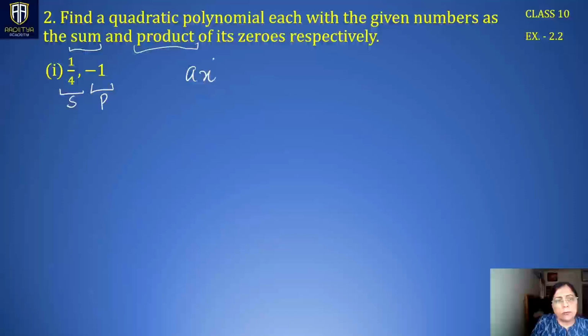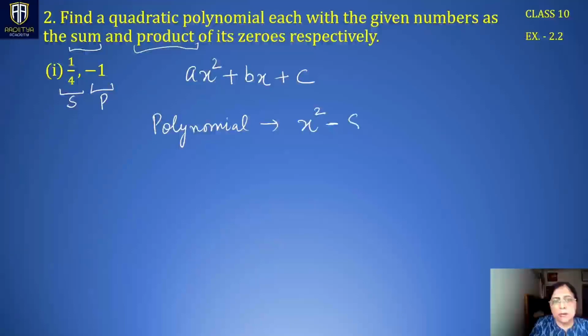See, the quadratic polynomial is represented in its standard form as this. If we have to convert it, we have a simple formula for that. According to NCERT, the polynomial can be written as x squared minus the sum of roots times x plus the product of roots.